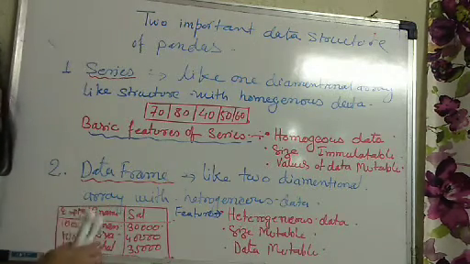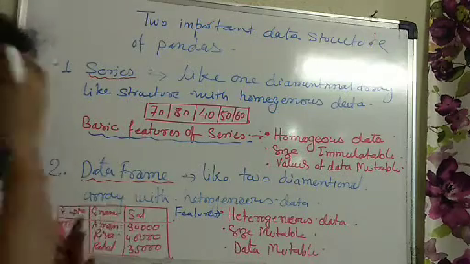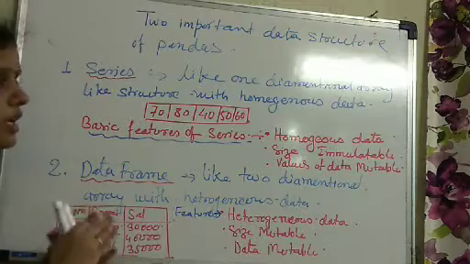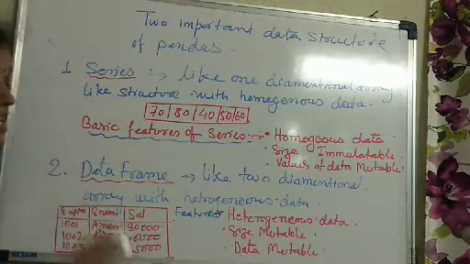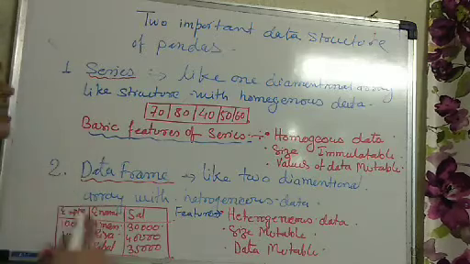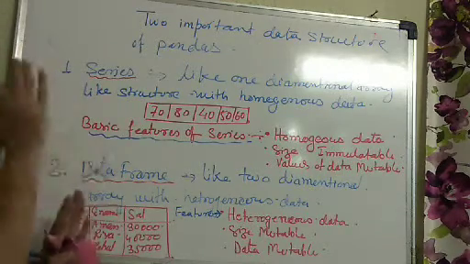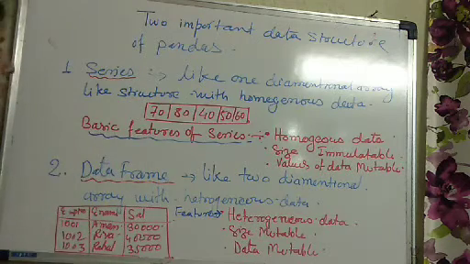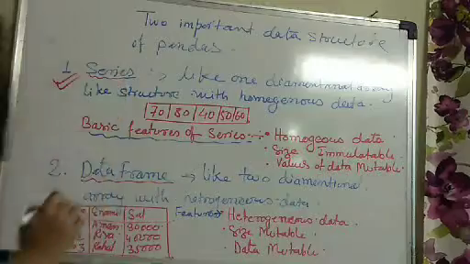From time to time I will give you examples of the operations you have done with lists and dictionaries: sorting, averaging, extracting the minimum and maximum values, various comparisons and analyses. All that work will apply here also. So we will start with the series in the next video. Okay, thank you.